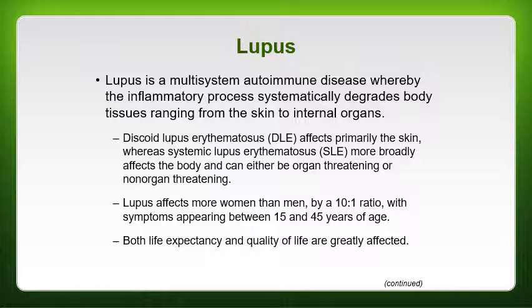These are all factors in the development of lupus. So again, this affects a broad range of areas in the body, as evidenced by the signs and symptoms we talked about.